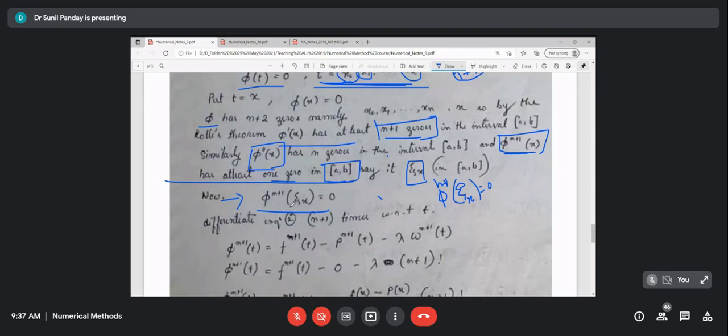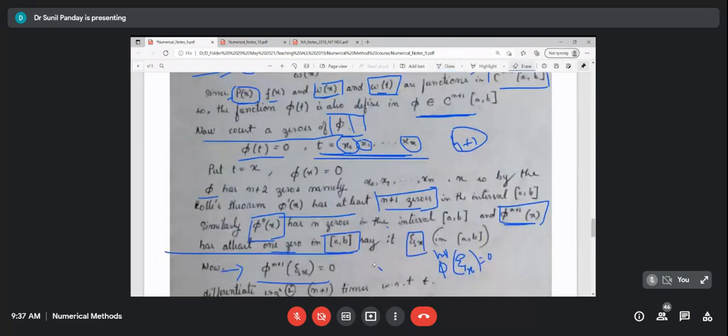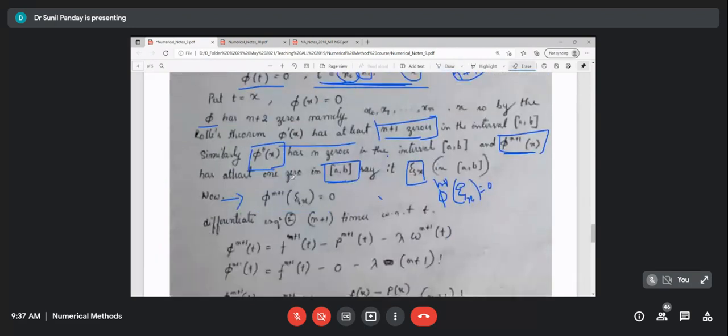So this information we have. Now what we actually got here is that we find a point xi(x) such that the (n+1)th derivative of phi at xi(x) is 0.